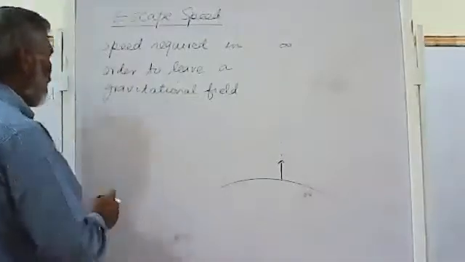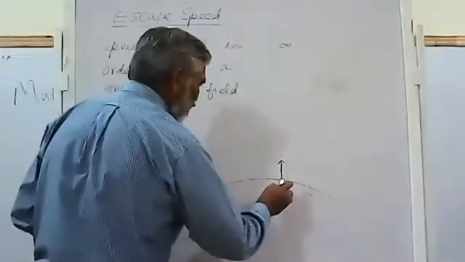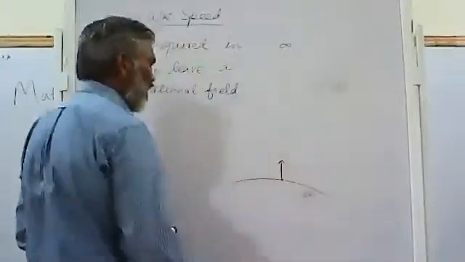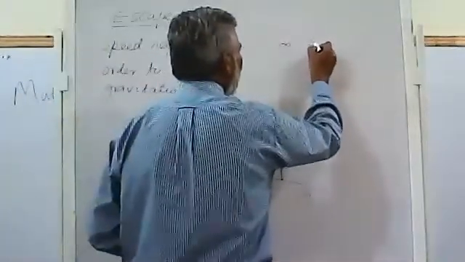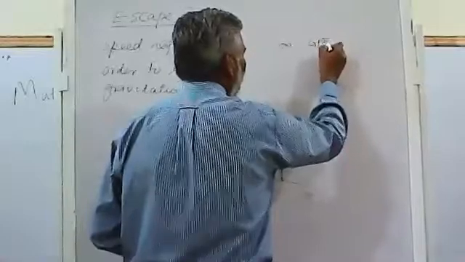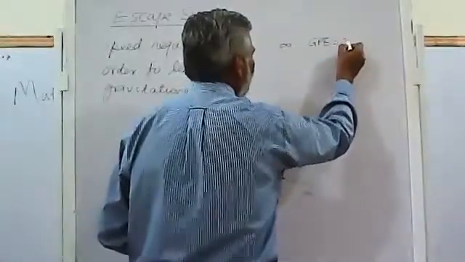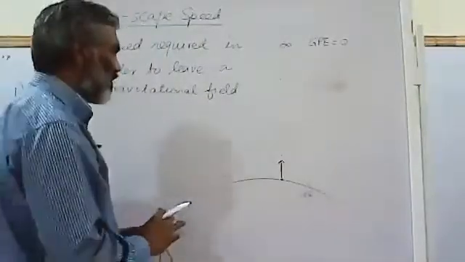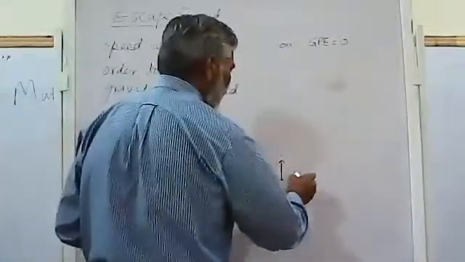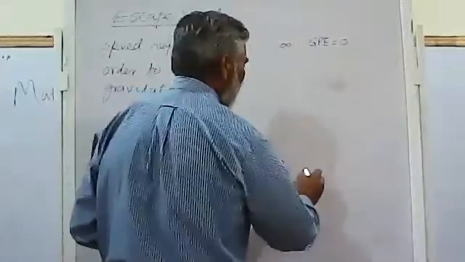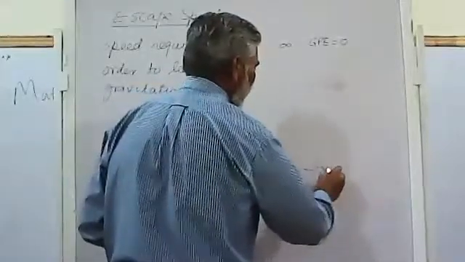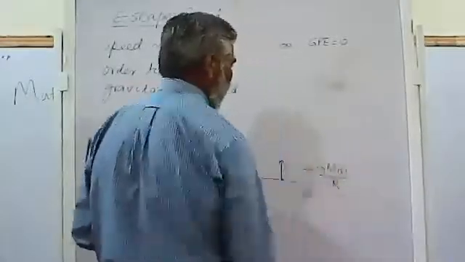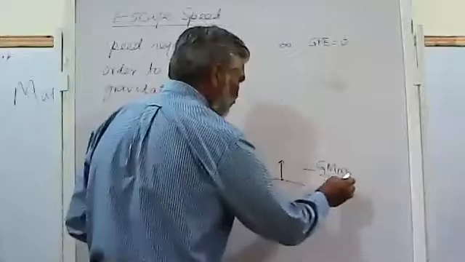We have a certain value of gravitational potential energy here, and we have the gravitational potential energy here, which is 0. This is gravitational potential energy of any object taken at infinity 0, and the gravitational potential energy at the surface of the earth is minus GMm over capital R. This is the mass.